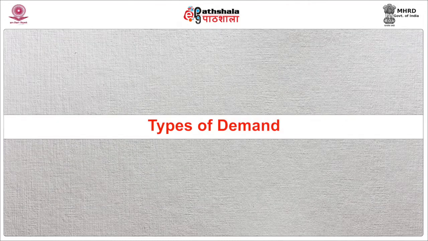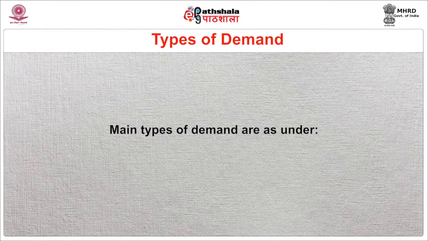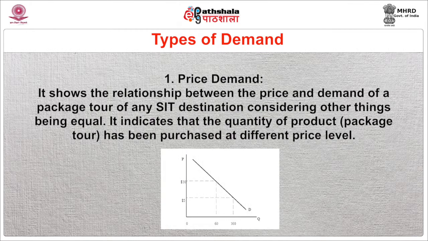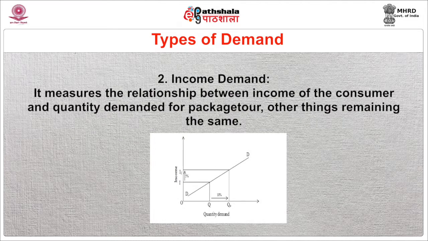Types of demand. Main types of demand are as under. 1. Price demand. It shows the relationship between the price and demand of a package tour of any SIT destination considering other things being equal. It indicates that the quantity of product package tour has been purchased at different price levels. 2. Income demand.